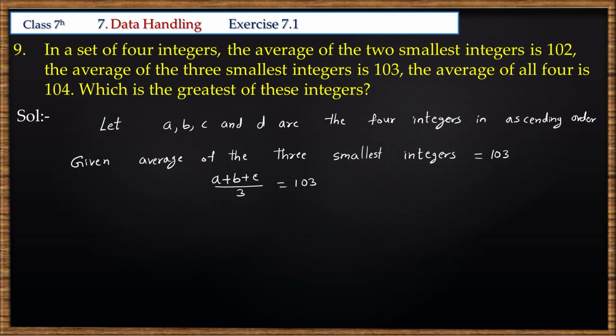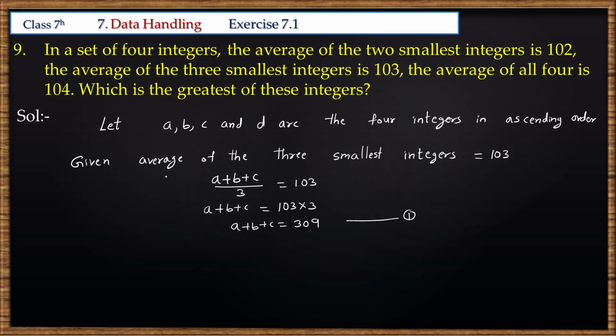The average of these 3 is (a plus b plus c) by 3. So a plus b plus c is equal to, since 3 is dividing here, if we transpose this 3 to the right side of the equation, it will multiply the right side. So 103 into 3. That means a plus b plus c is equal to 309. Take it as equation 1.